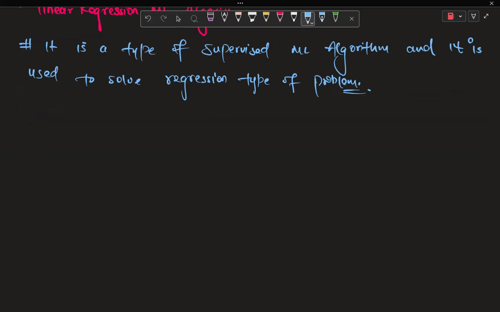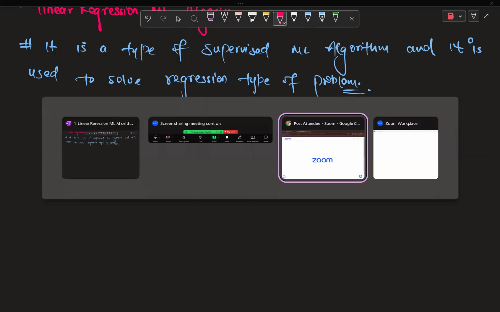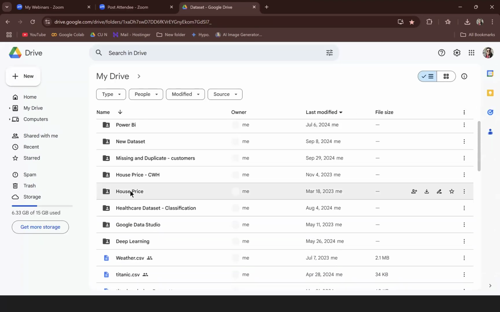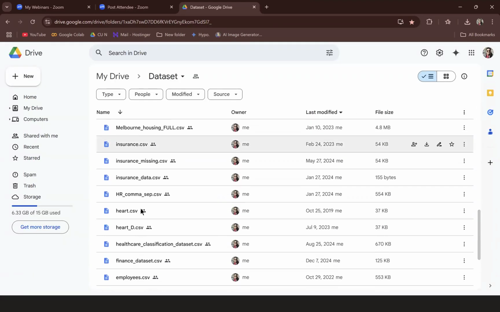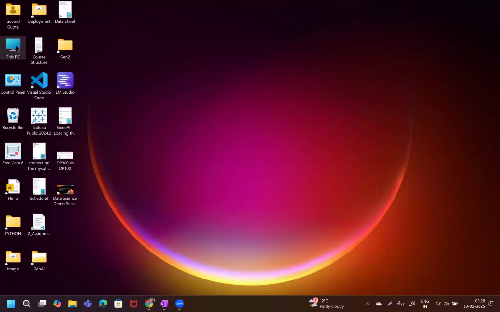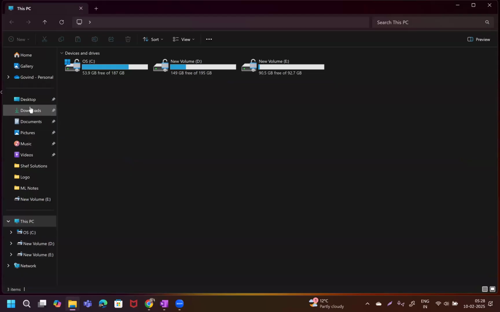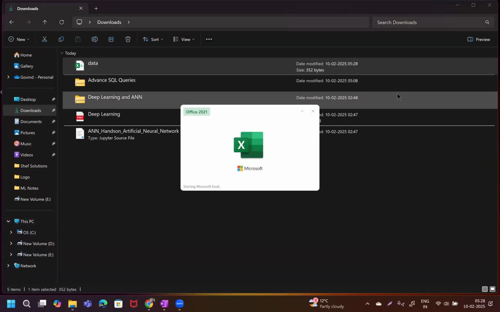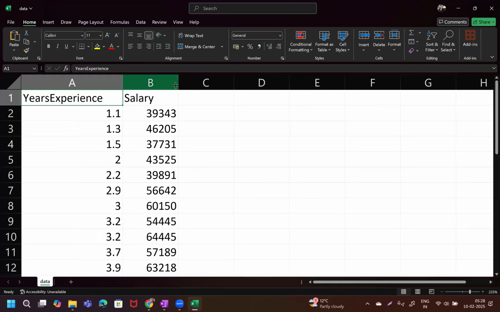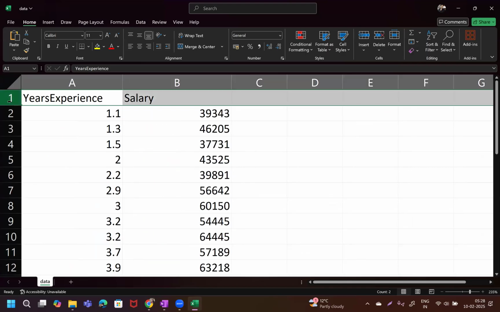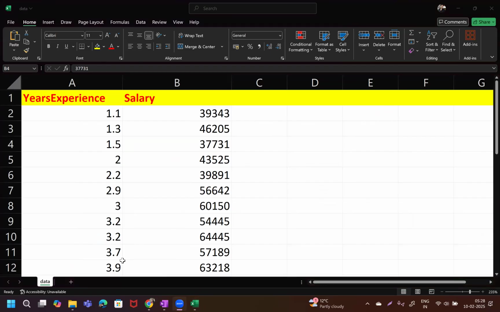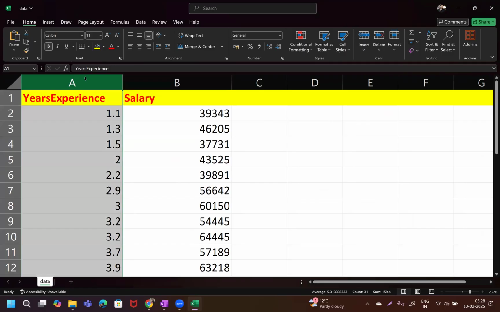So the same example I can consider here. I'll just show you one data set, guys. This is the years of experience.